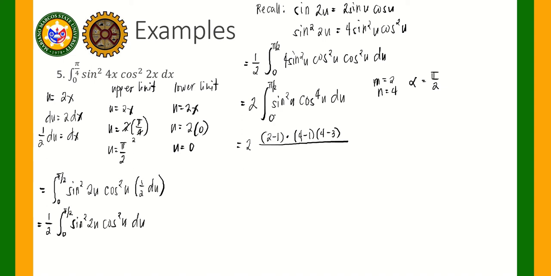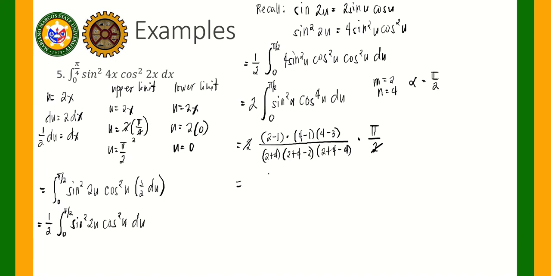So we stop there. And our denominator will be 2 plus 4 multiplied by 2 plus 4 minus 2 multiplied by 2 plus 4 minus 4. So we stop there kasi this is equal to 2 na. Multiplied by pi all over 2. And since this is multiplication, we can again cancel si 2 and proceed to simplification.